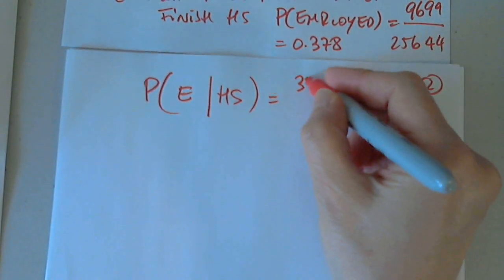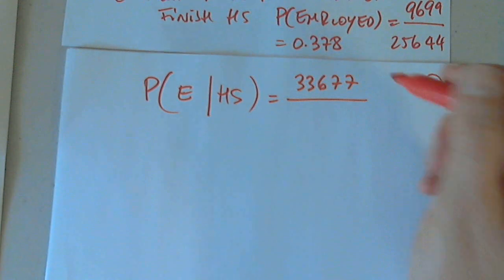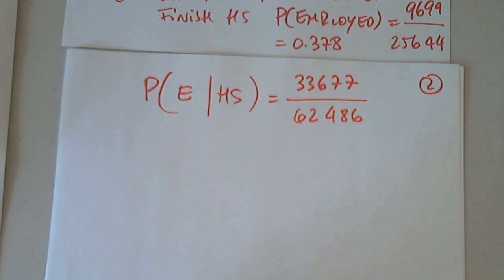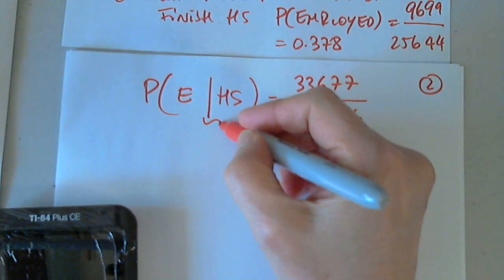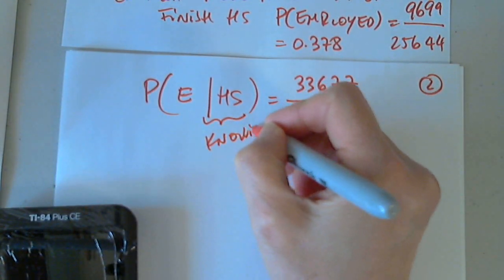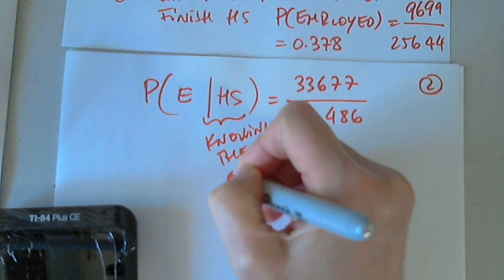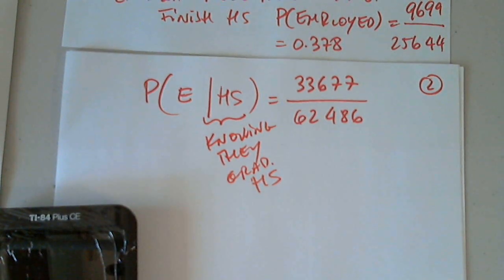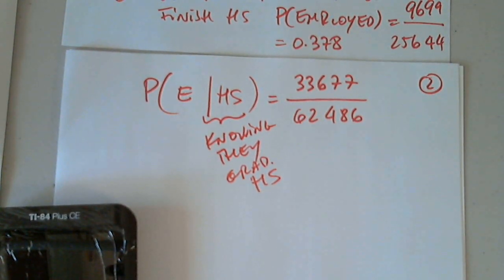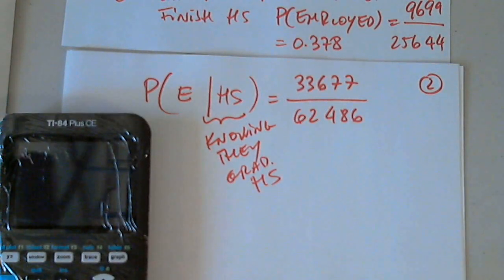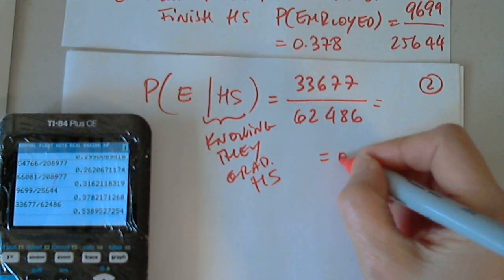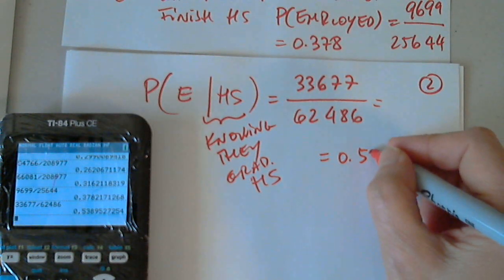And that would be 33,677 divided by 62,486. So this piece is knowing they graduated from high school. What is the probability that they are employed? Okay, so 33677 divided by 62,486, and correct my numbers anytime. 0.539.